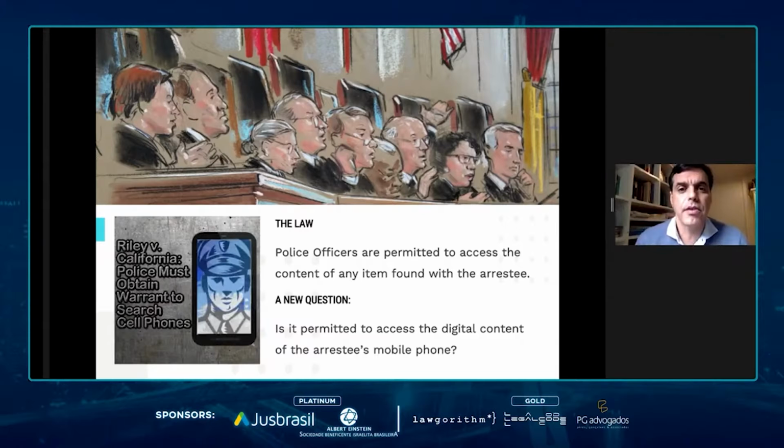So in the balance of values regarding safety and privacy, in this case, privacy would outweigh safety, and therefore it should be forbidden to access this particular property item of the arrestee.